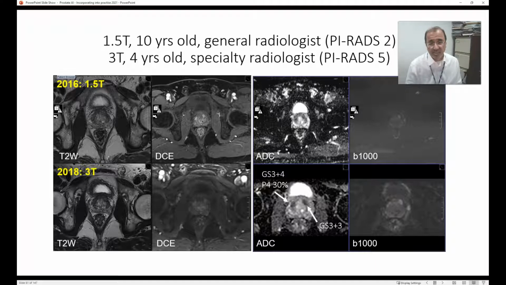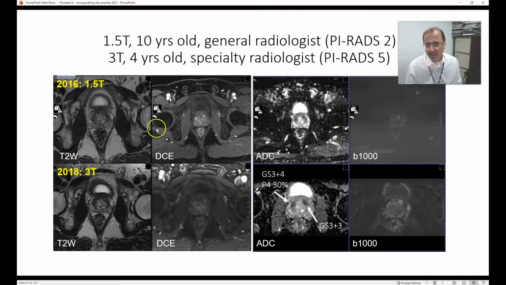In 2016, on a slightly older scanner, this was called a PIRADS 2 lesion, and in 2018 he had a 3T scanner, and this time we called it a PIRADS 5 lesion, and histologically this lesion here on the right side was a 3+4, and the lesion here was a 3+3.